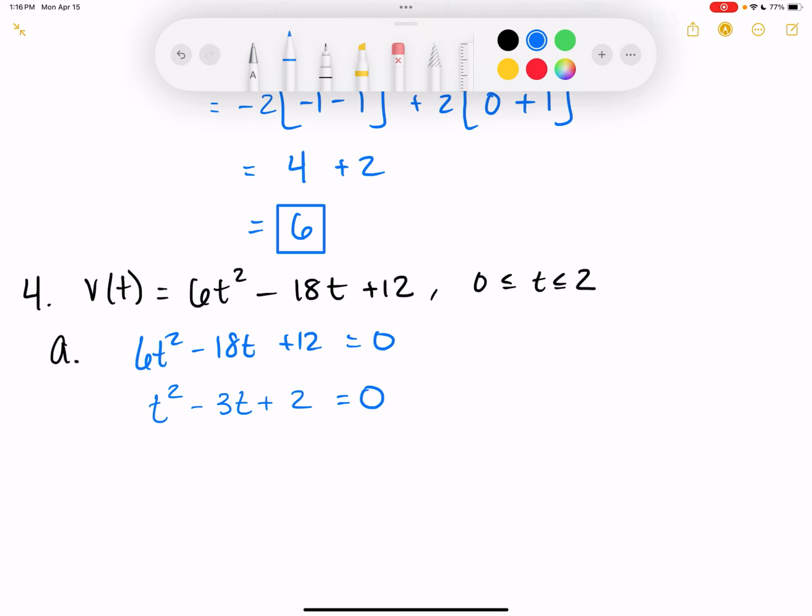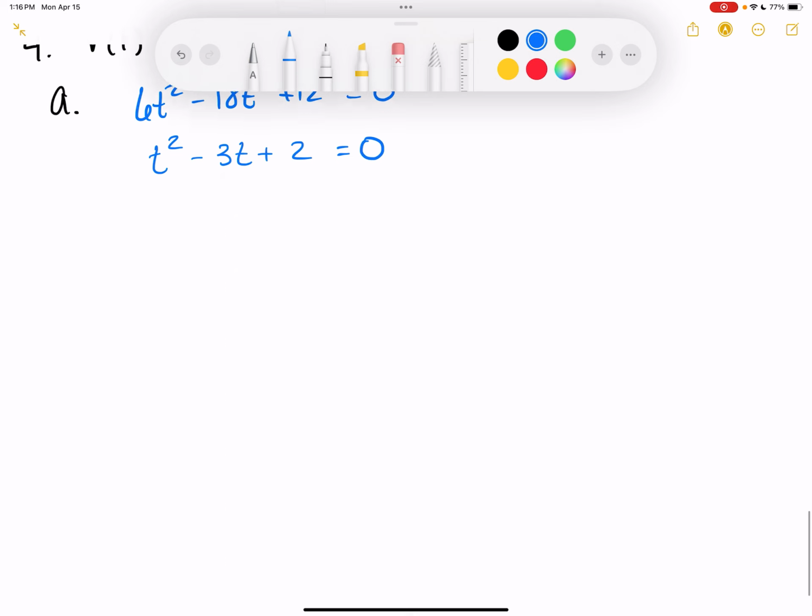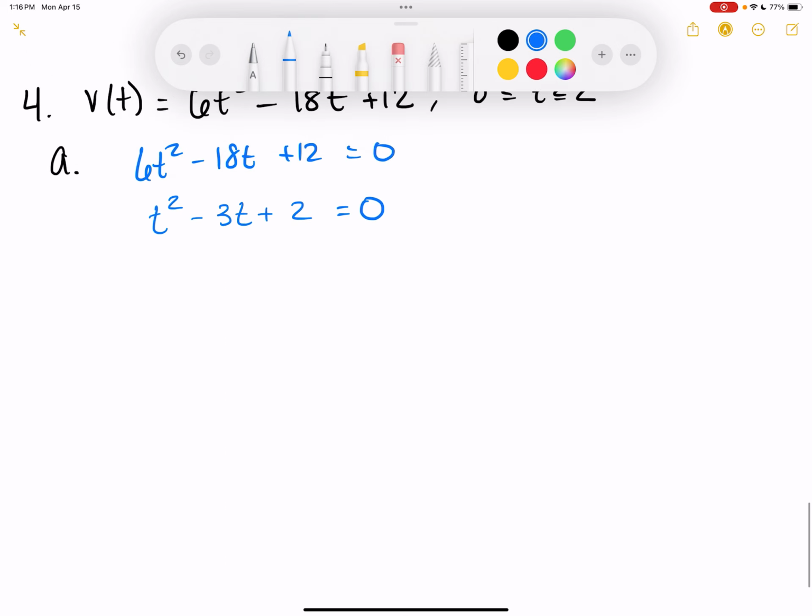Now what? I would move the 2 over. I wouldn't. And then factor out a t. How about we just factor? Okay. What do I get if I just factor? T minus 1, t minus 2.